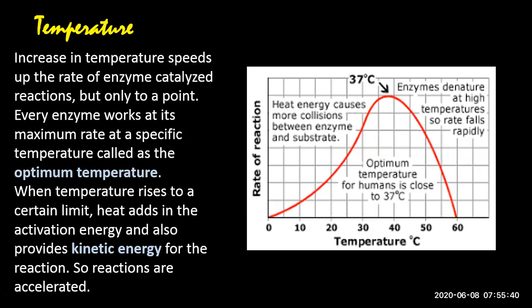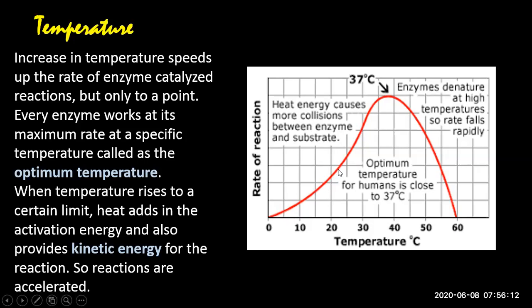Initially the rate is less, and then as the temperature increases, the rate of enzyme catalyzed reaction increases slowly and gradually. You see the red line, it is increasing slowly and gradually.